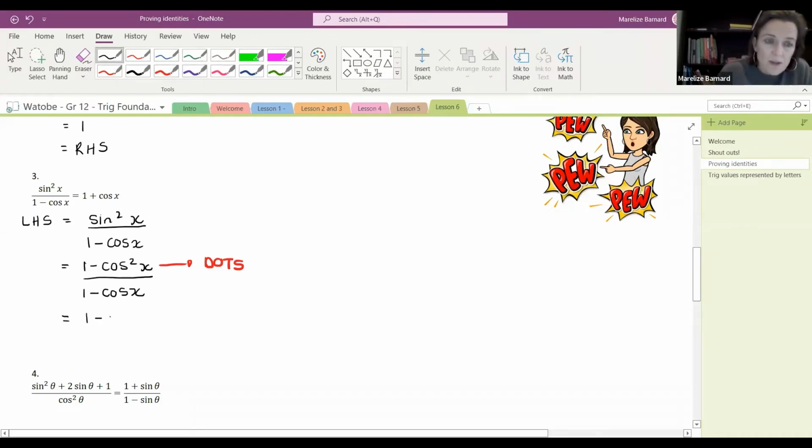So this will be 1 minus cos x times 1 plus cos x over 1 minus cos x. And now that we've factorized, we can cancel the 1 minus cos x at the top and the bottom. And then we're left with 1 plus cos x, and that is equal to the right-hand side.